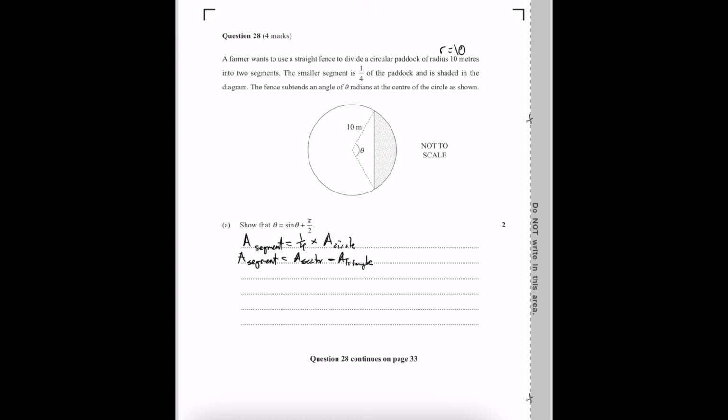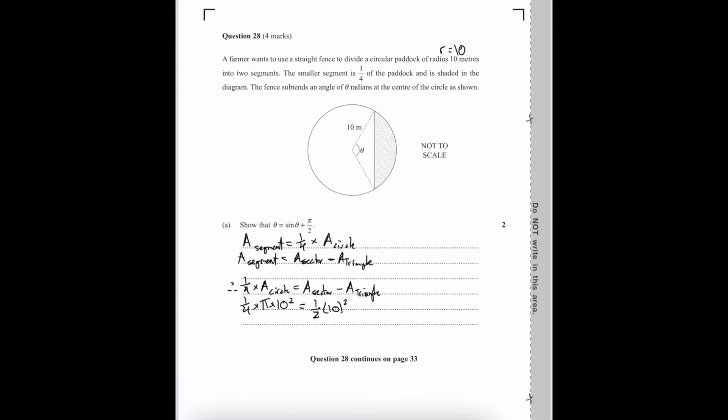So that means we can, I guess, combine these two equations together, and we could say therefore quarter times the area of the circle is equal to the area of the sector minus the area of the triangle. And that means a quarter times pi times 10 squared. So the area of the circle is pi r squared. The area of a sector is half r squared theta.